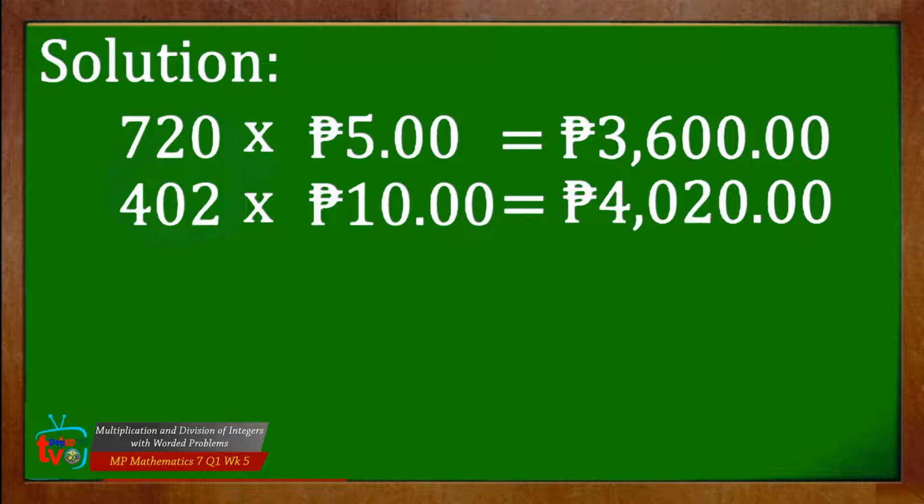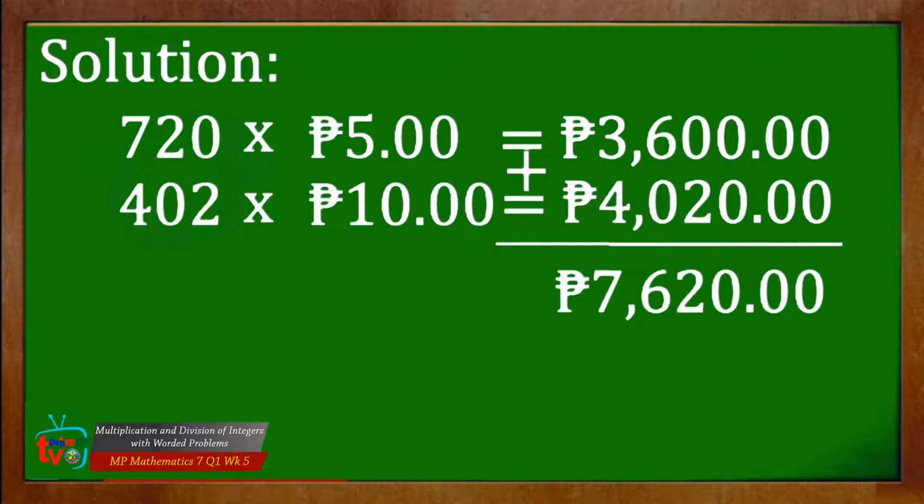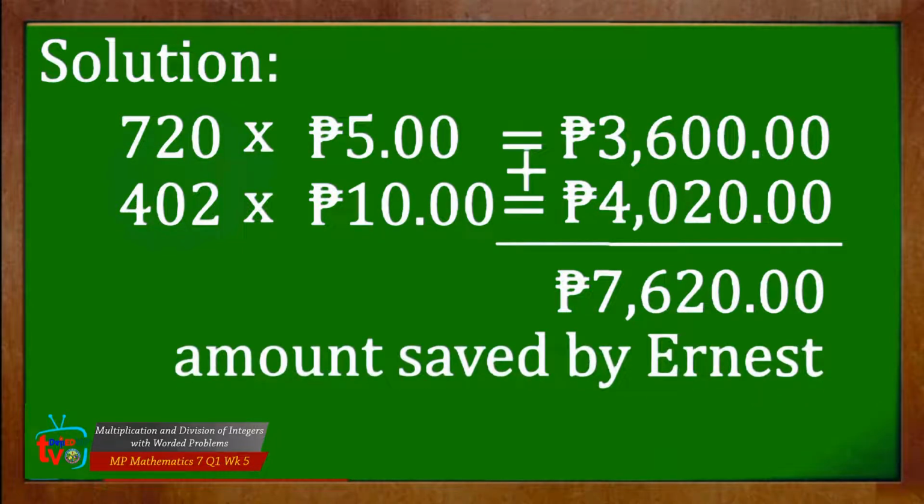The problem is asking the total amount that Ernest saved. So, we will add all the 5-peso coins and 10-peso coins. Performing the operation, the answer will be 7,620 pesos. Therefore, Ernest saved 7,620 pesos.